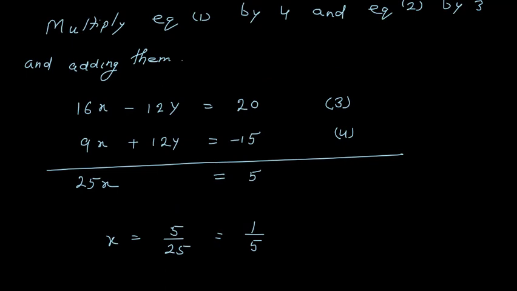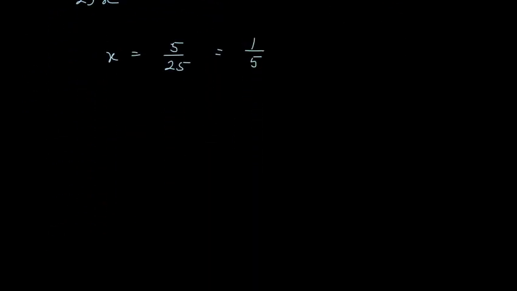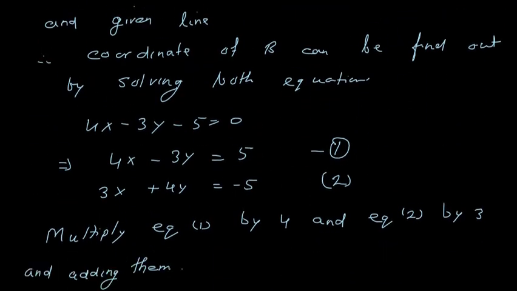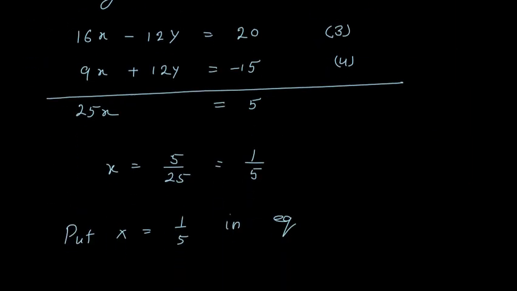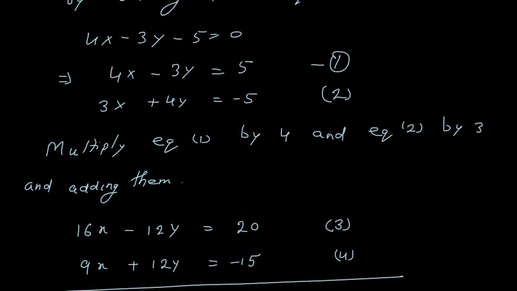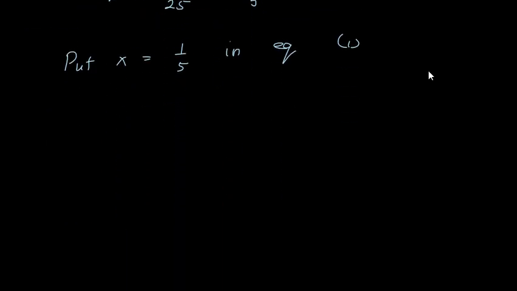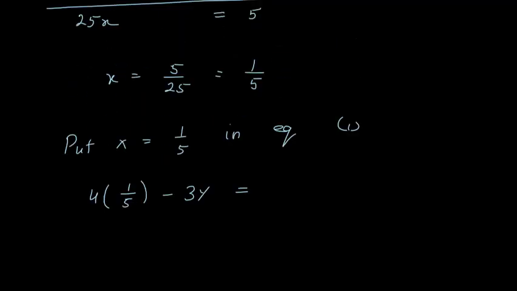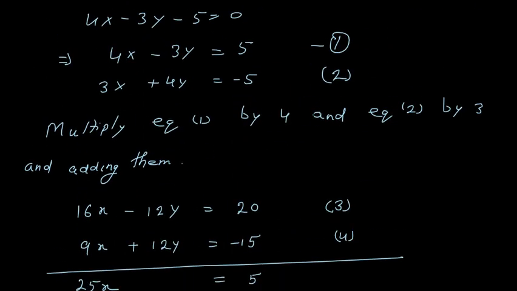To get the value of y we use any of the equations. So I will put x is equal to 1 divided by 5 in equation 1. By putting in equation 1 we get 4x minus 3y is equal to 5, so 4 divided by 5 minus 3y is equal to 5.